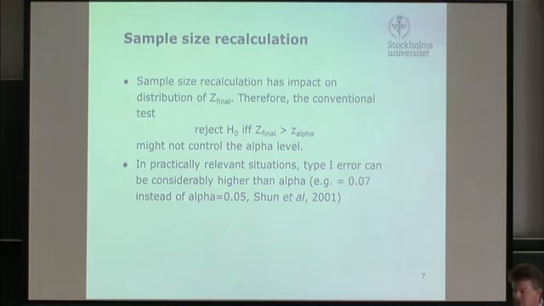So it's no longer, if we compute the usual test statistic, it's no longer standard normal distributed. So then the test, which I called conventional test here, to reject the null hypothesis at the end of the study if the final test statistic is above the conventional critical level, might not control the alpha level.